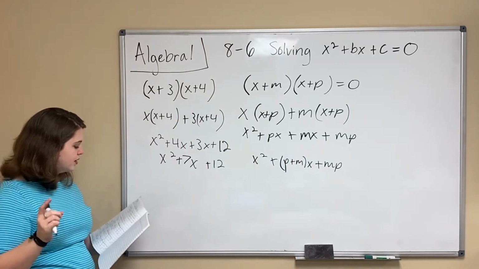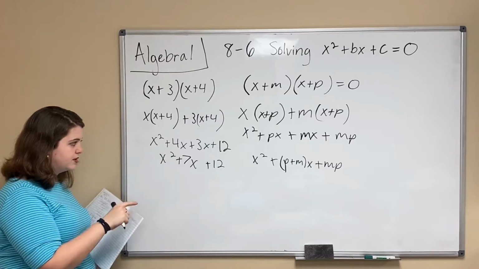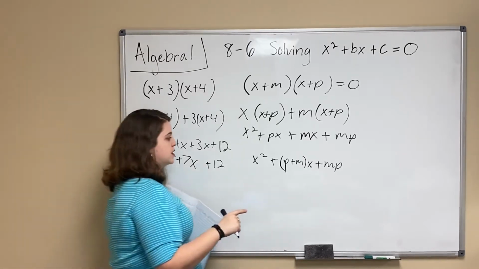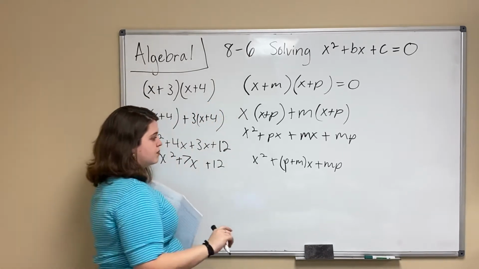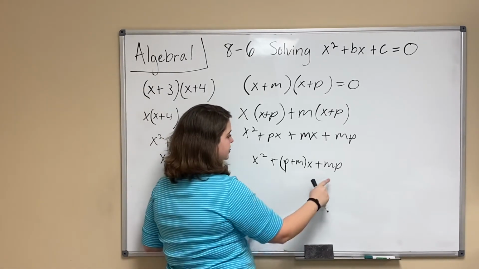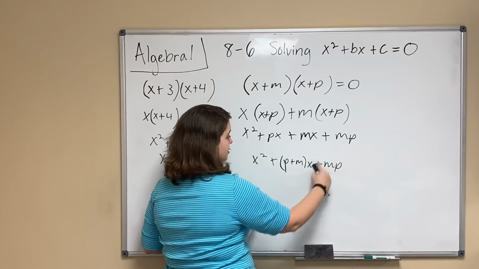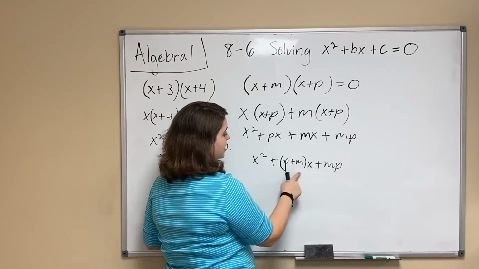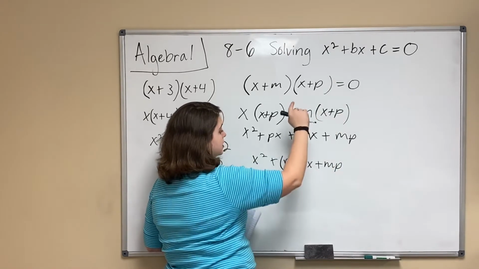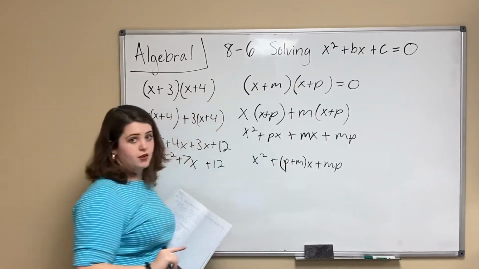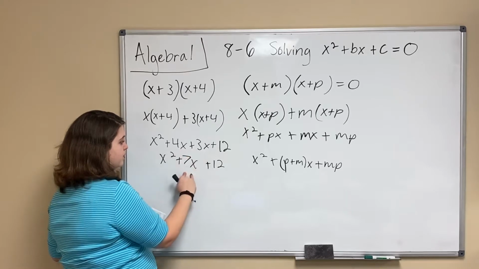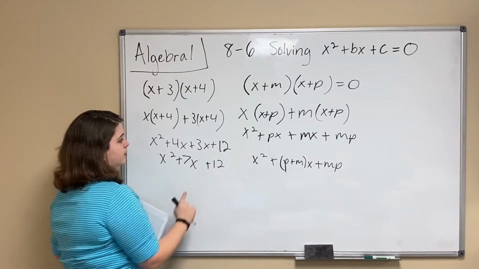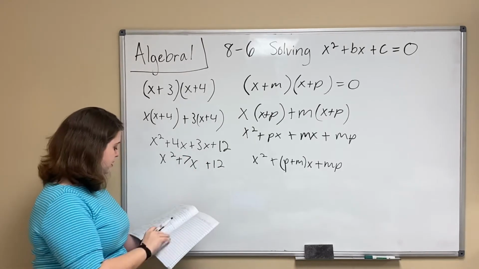Now what you'll notice about this is that it's in this form that we're trying to solve for, but what we have is m times p as our c and m plus p as our b in our equation. And that's going to happen every time. We had 3 plus 4 and 3 times 4, which was 12.